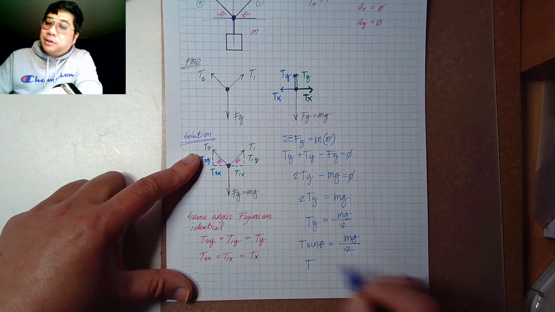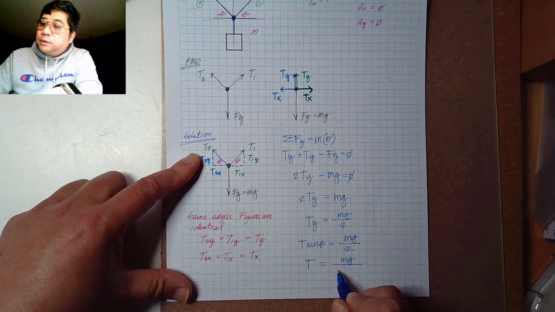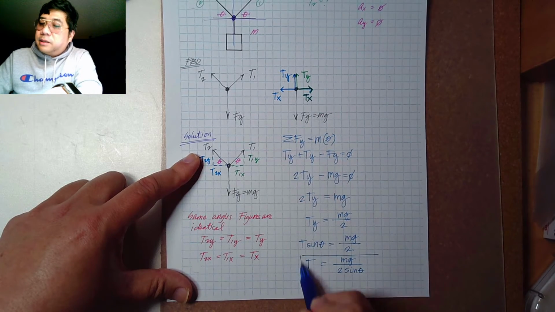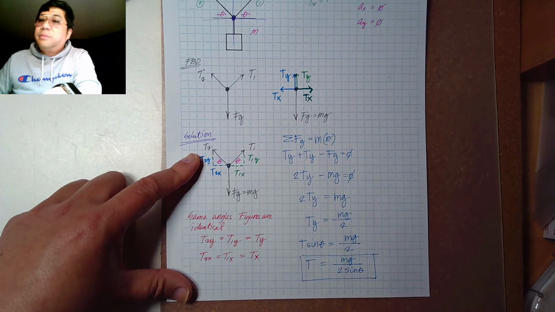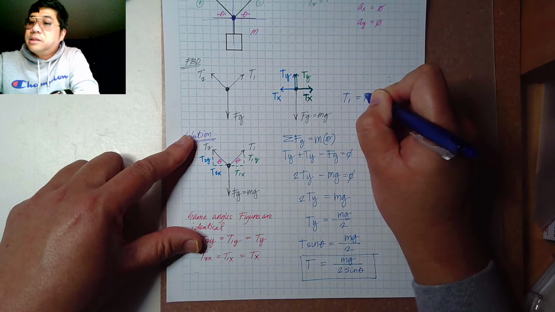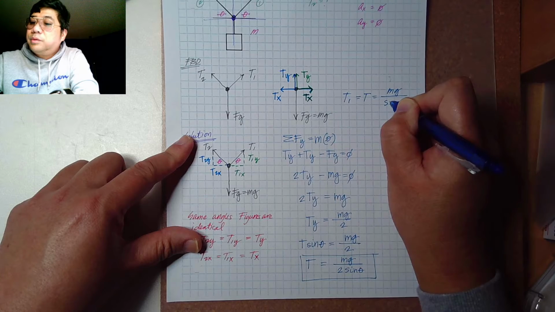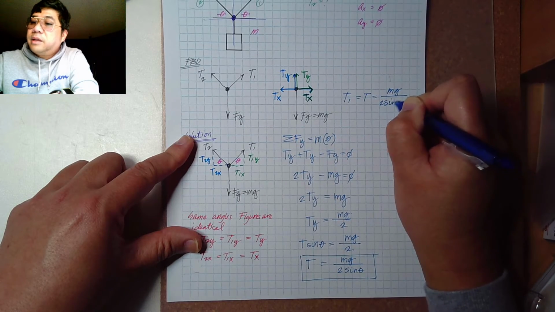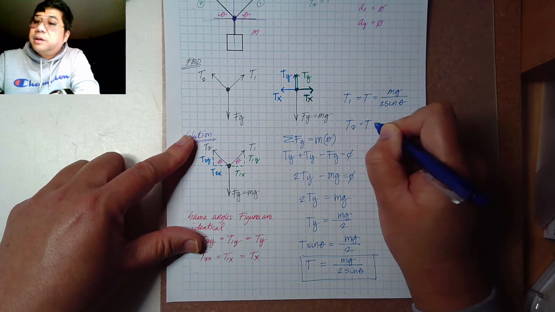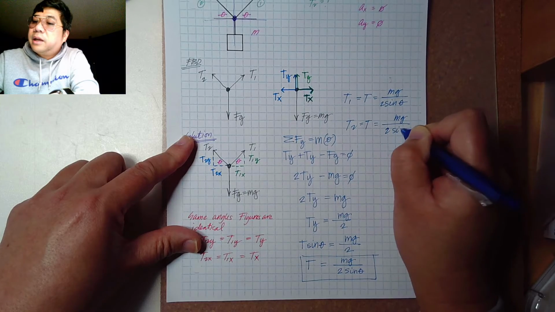So we want to figure out the tension by itself. So that is mg over 2 sine theta. So it means that the magnitude of t sub 1 is the same as t, which is mg over 2 sine theta, and t sub 2 is also equivalent to t, mg over 2 sine theta.